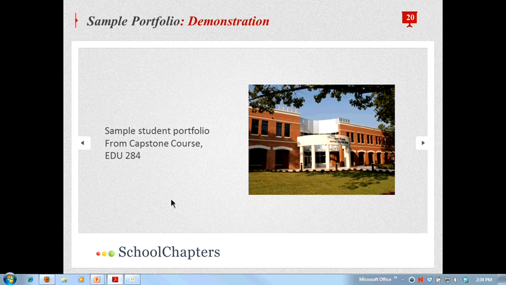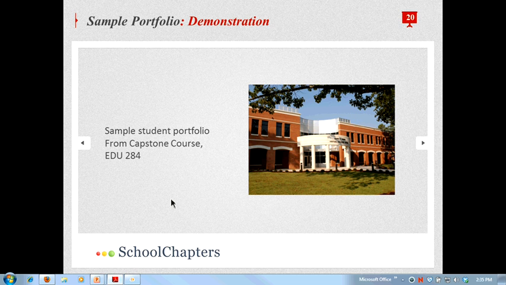A couple thoughts I always just want to include about the portfolio is that the students can link to it, of course, through their Blackboard class, but they can submit the PDF into Blackboard if they want to submit a file for a grade. But this semester we're piloting grading the rubrics right in School Chapters.